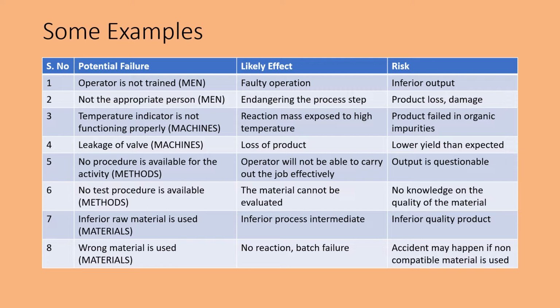The risk involved may be an accident. An accident may happen if non-compatible material is used. So it is very important that your fishbone diagram should include all these types of questions for men, machines, methods, materials in a very, very minute way to get the best results out of your assessment.